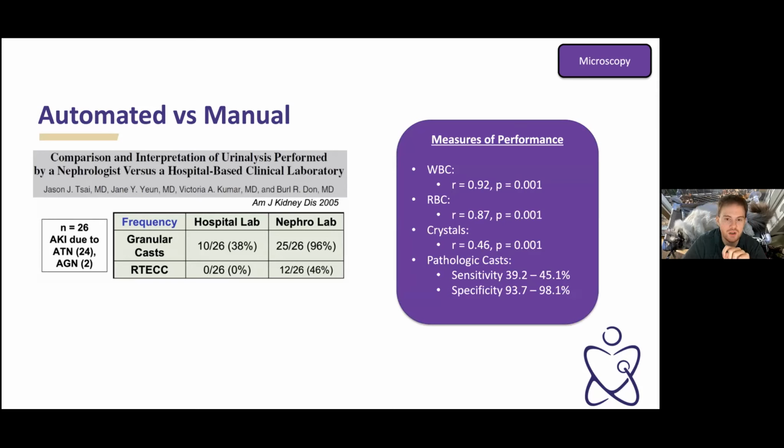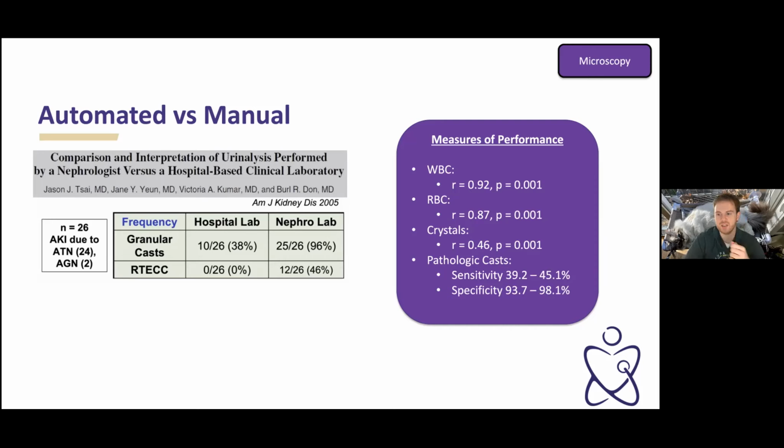R is our correlation coefficient, and P is our statistical significance. So pretty good correlation coefficient for WBCs and RBCs. Really not great for crystals or casts.